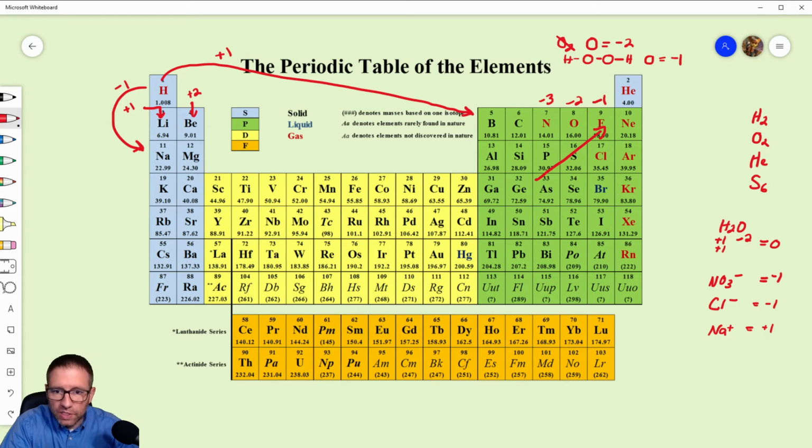So when you're working through the oxidation numbers of compounds, you always start with the most electronegative first and then work backwards from there. These rules, you can look at them, but really what we have to do is work some examples. That's the only way that you're really going to get a handle on this. Let's hop over and work a few examples, and I think it'll make it more clear.